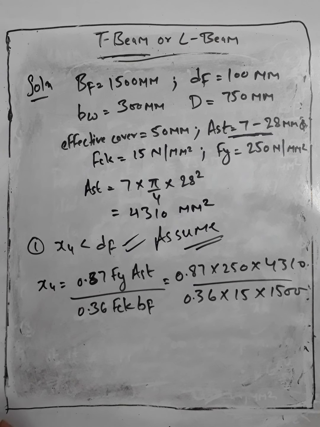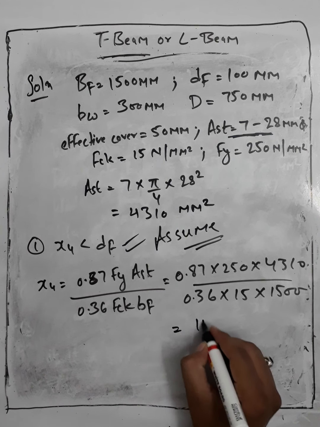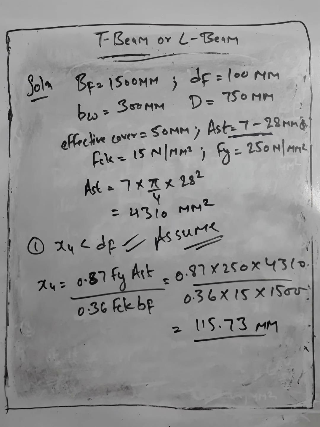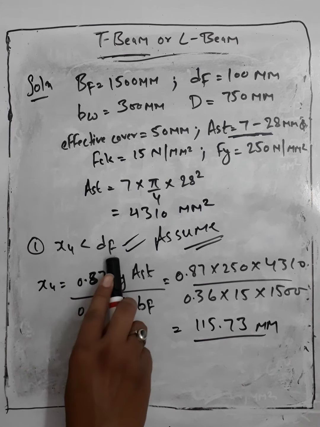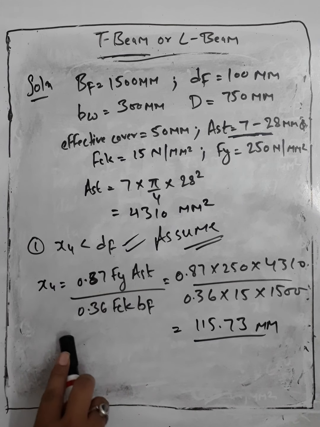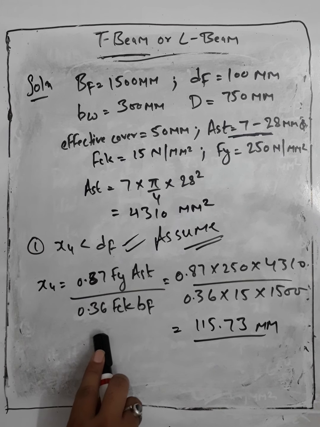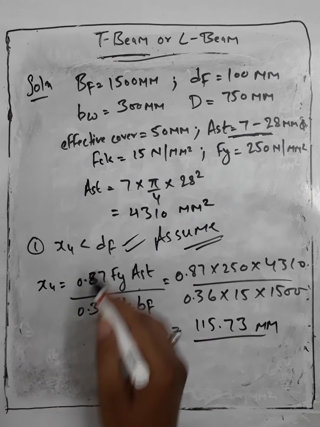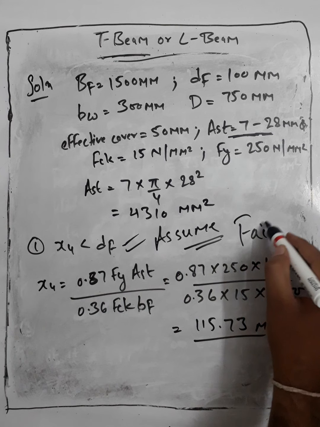So here I got 115.73 mm. Now we assumed XU is less than DF, but when we find XU, we get XU is greater than DF.